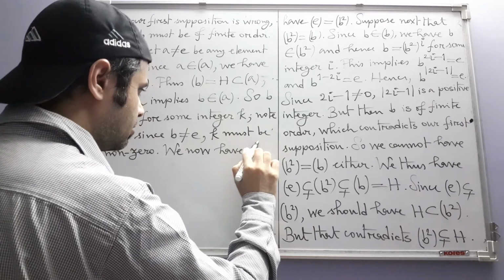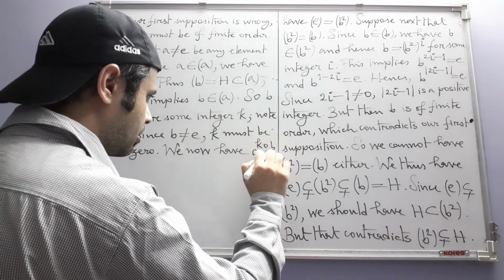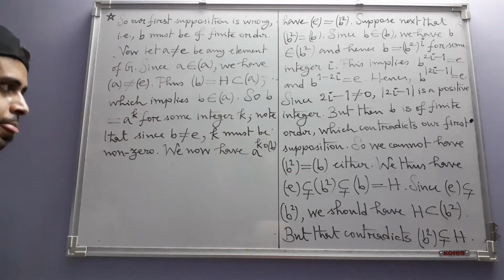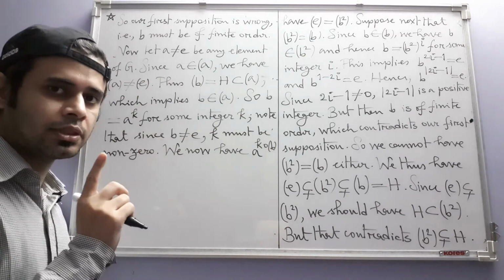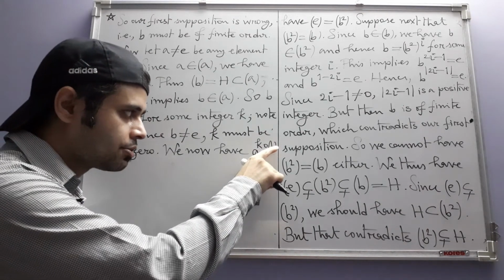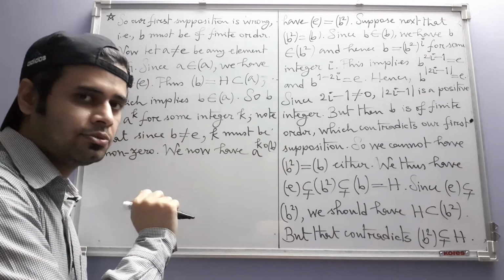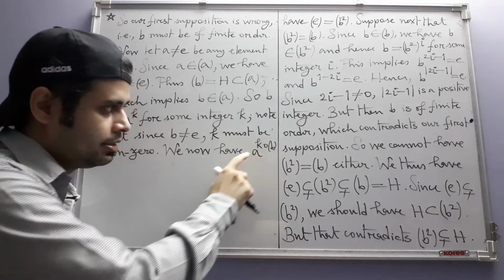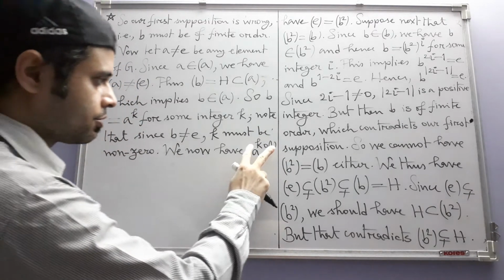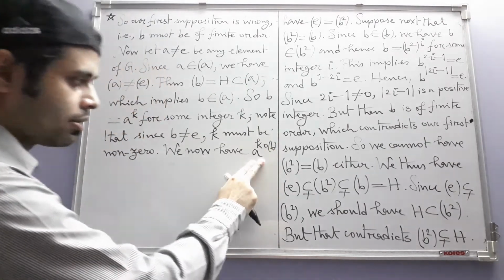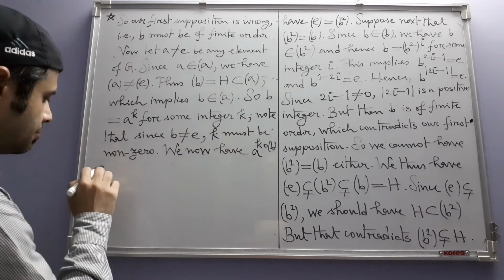A to the power K times order of B. Since we have already proved that B is of finite order, this order of B is a positive integer and K is a non-zero integer. So this is an integral power of A, which is well defined.